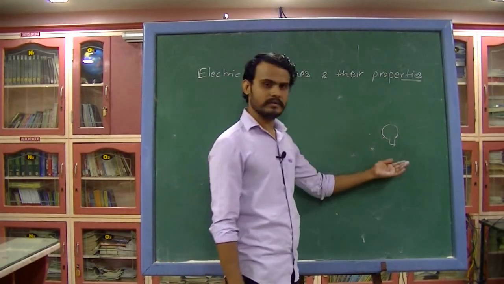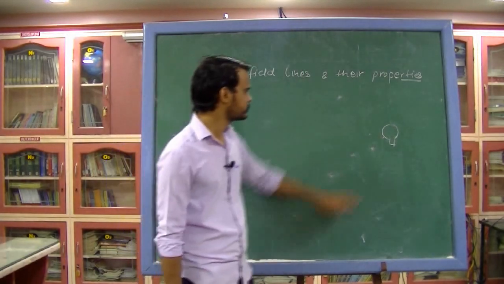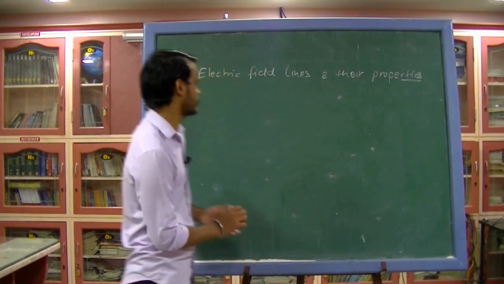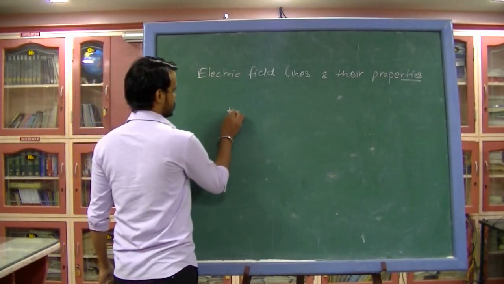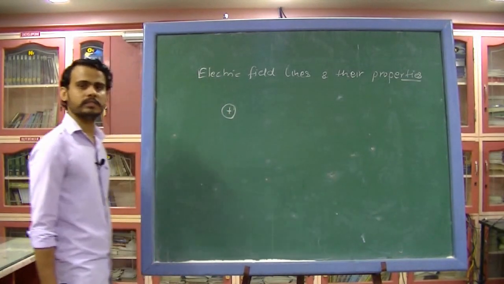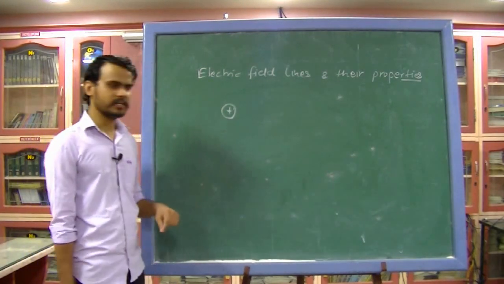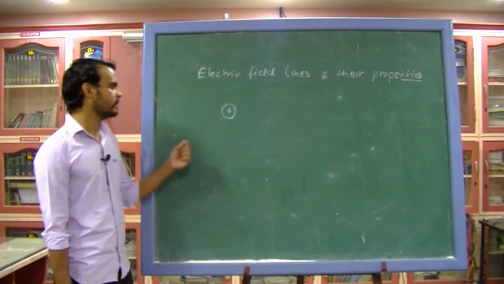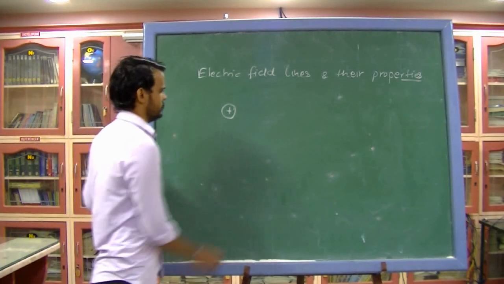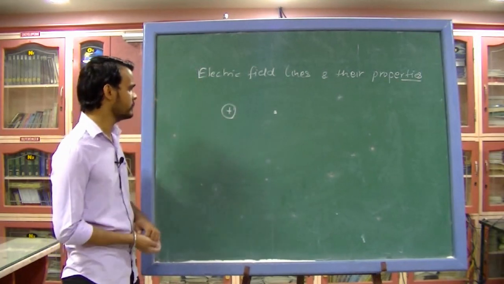From the same concept we have derived the concept of electric field lines. Suppose you have a positive charge, it is going to produce an electric field around it. But we cannot see that electric field. So, to represent that electric field, we are going to use electric field lines. Suppose I ask you what is the direction of electric field here.